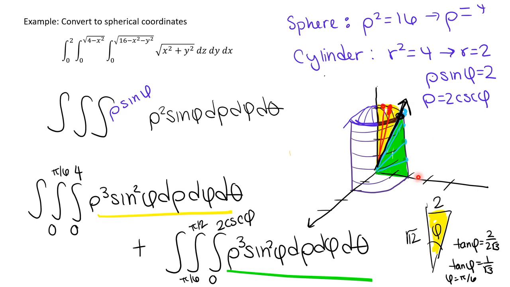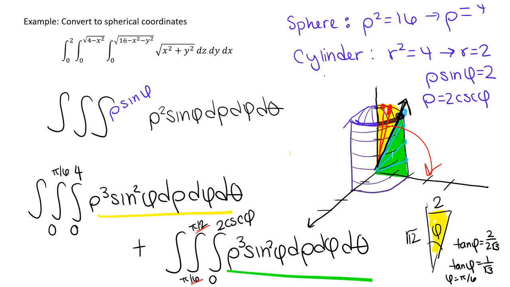And then we go all the way down to z equals 0, to our xy plane. And so that puts me, again, from that positive z-axis, that's what that angle is. From that positive z-axis, that's 90 degrees. So pi over 6 to pi over 2. So the green region has angles pi over 6 to pi over 2.